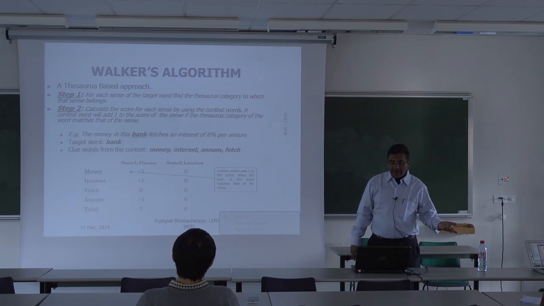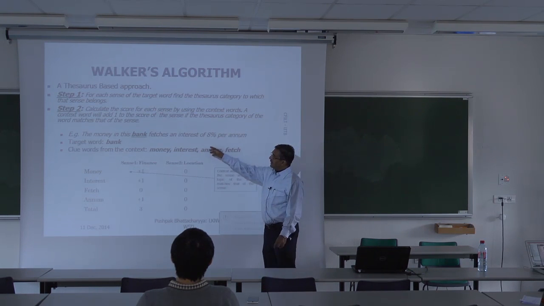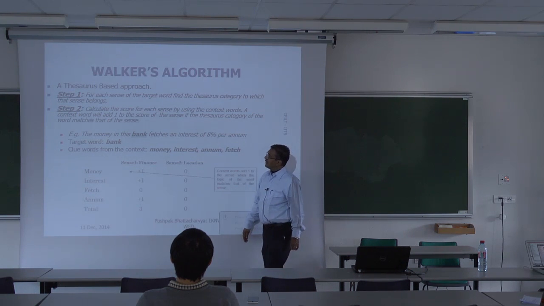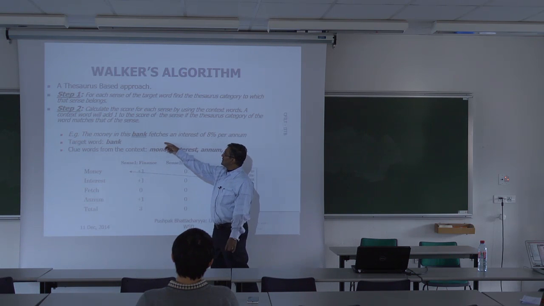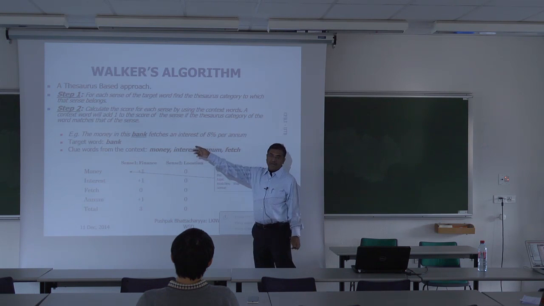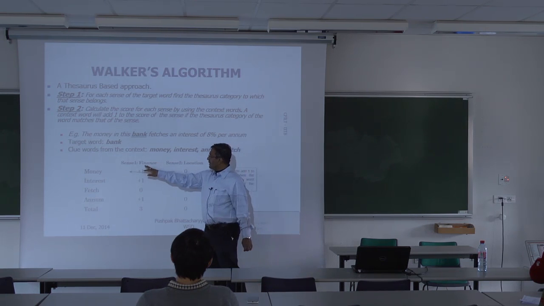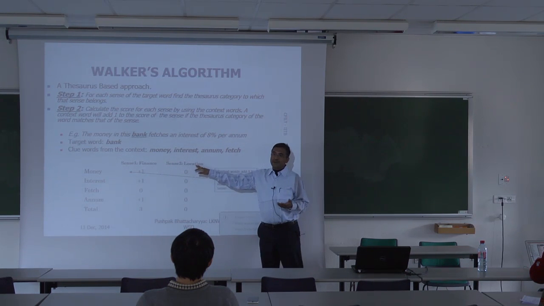So, there is this Walker algorithm for example, which is based on thesaurus, and here the algorithm is very simple. If the sentence is "the money in this bank fetches an interest of 8% per annum," it is again targeted WSD, the word is bank. There are two senses of bank, finance and location for example.